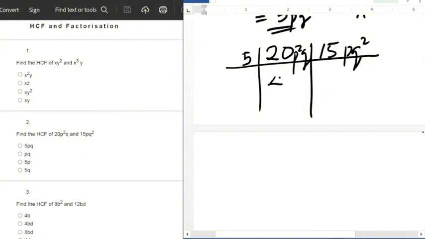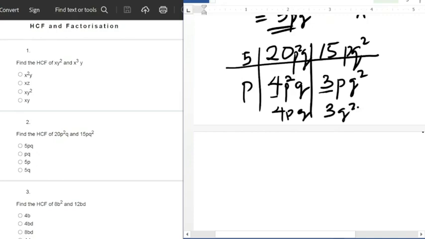So this remains 4p squared q, and this will remain 3pq squared. Between 3 and 4, there's nothing that can go except 1. So we go to p. p is common. So this will be 4pq, and this is going to be 3q squared.